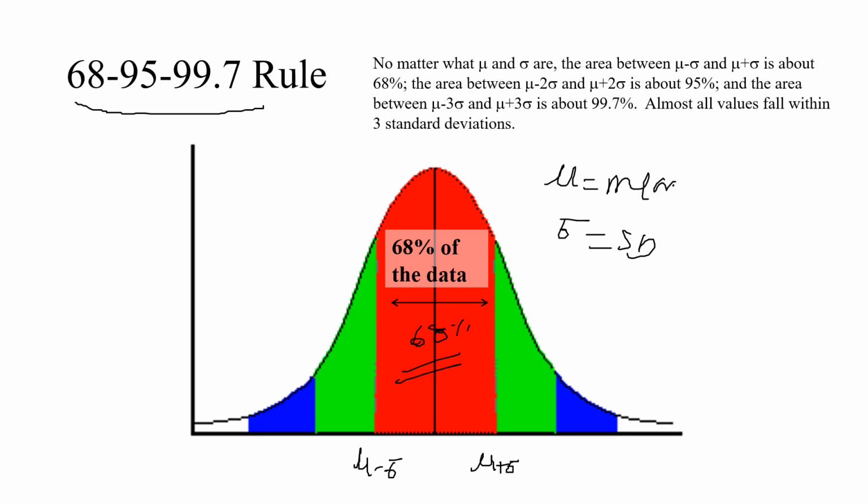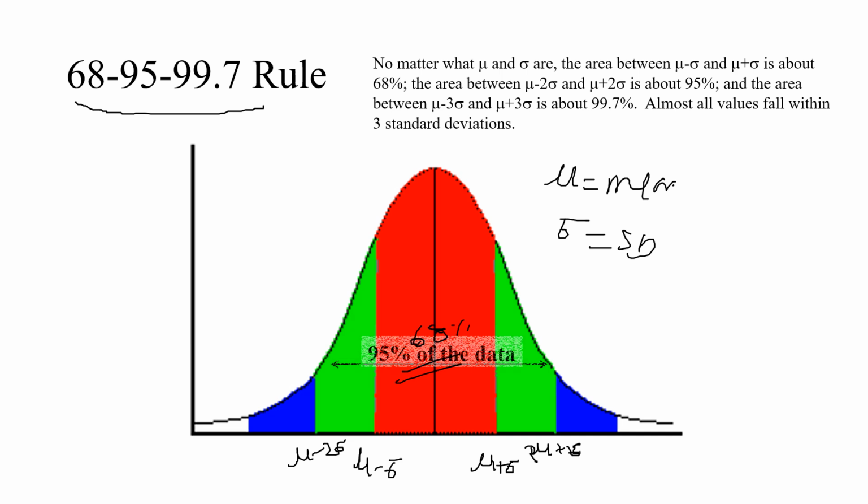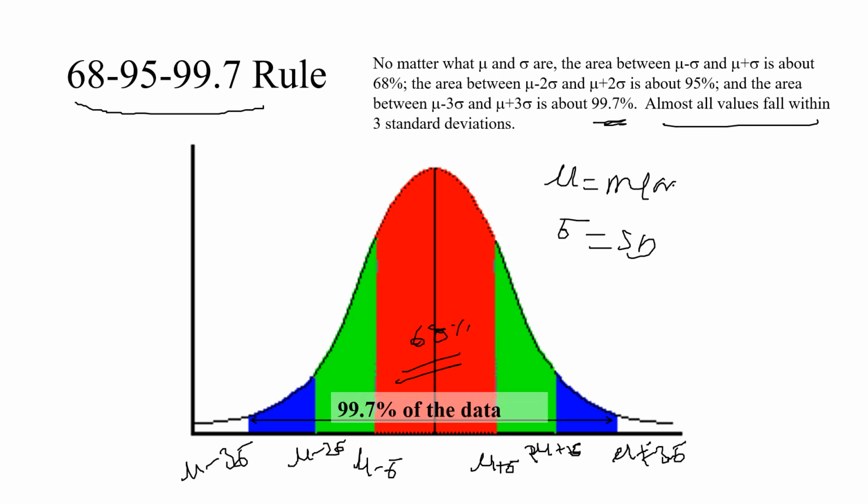The area between mu minus 2 sigma and mu plus 2 sigma is about 95%. And the area between mu minus 3 sigma, mu plus 3 sigma is about 99.7%. Almost all values fall within 3 standard deviation.